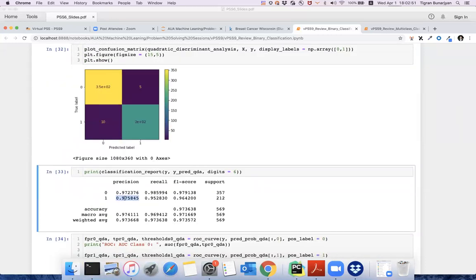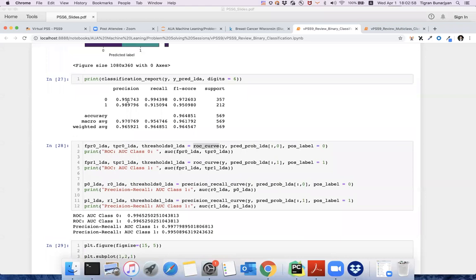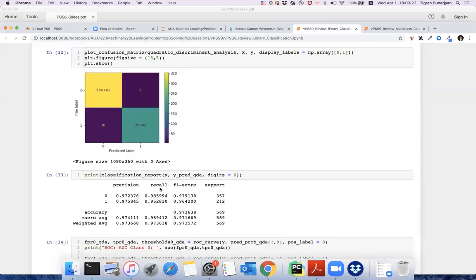So we have 0.97 and 0.995 and 0.9798. And in here we have 95, 99. Only this value is greater in here by 0.01, and the precision is greater by 0.01, but the recall in here, compared to the recall provided by QDA, is smaller.